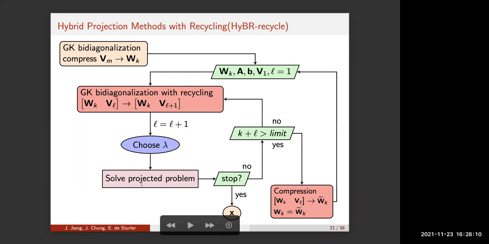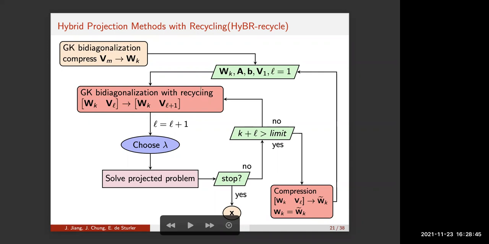We do the projection, solve the projected problem, and keep augmenting. If the number of basis vectors reaches the storage limit, we do the compression again, and then still do the augmenting. Each time the solution space touches the storage limit, we compress, until we reach the stopping criteria and output X.